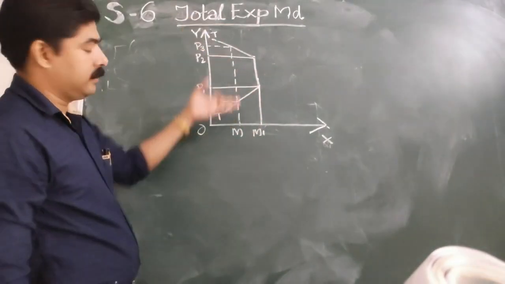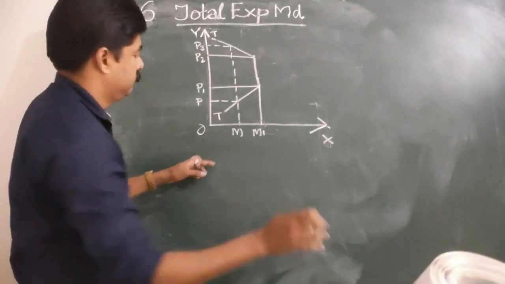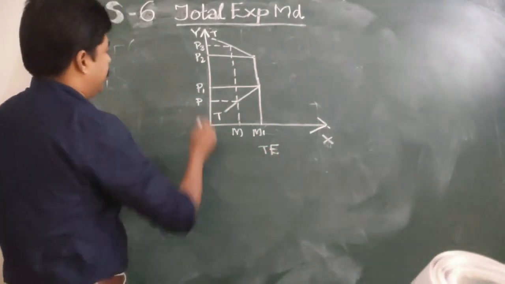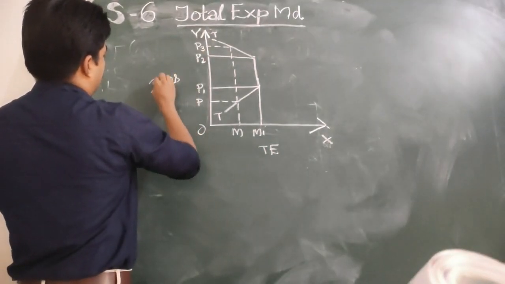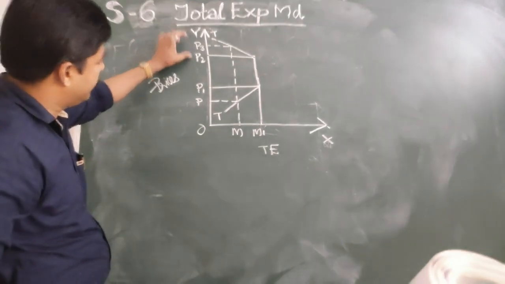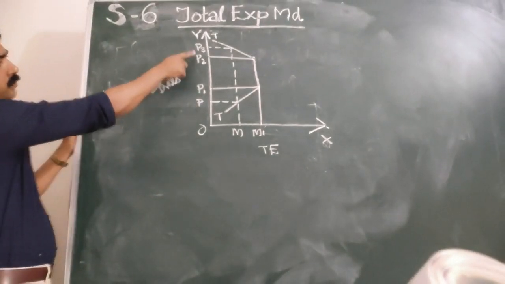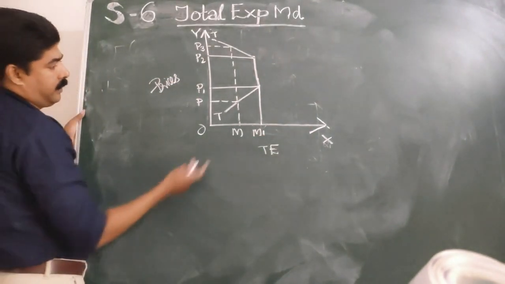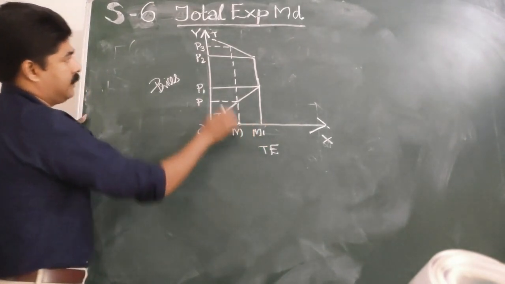Just look at the diagram. Total expenditure and prices. The OY axis shows various levels of prices, that is P, P1, P2, P3, and total expenditure is on the OX axis, and M and M1 are quantities demanded. So what is this diagram?